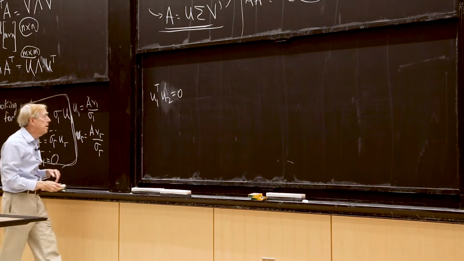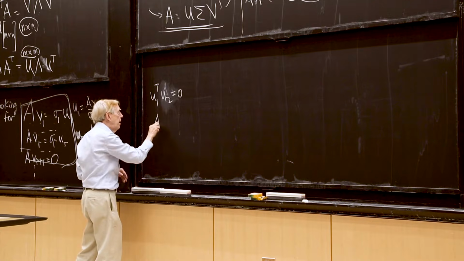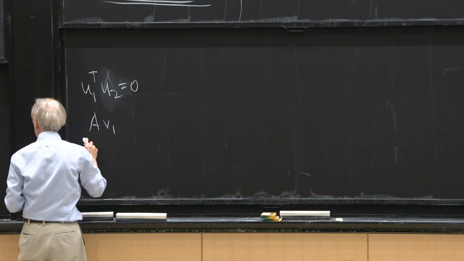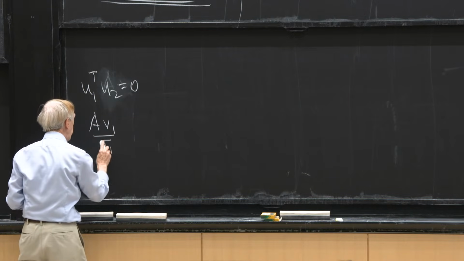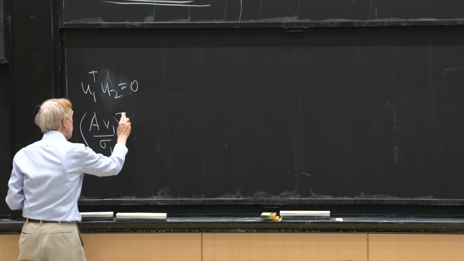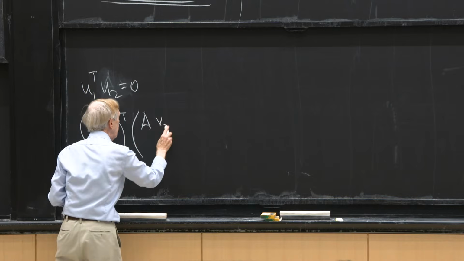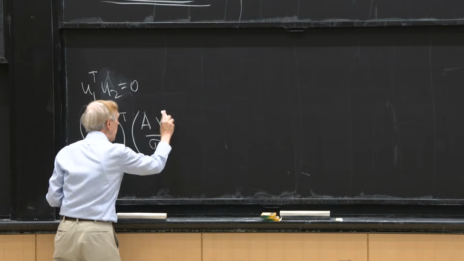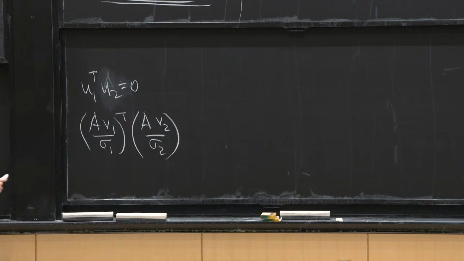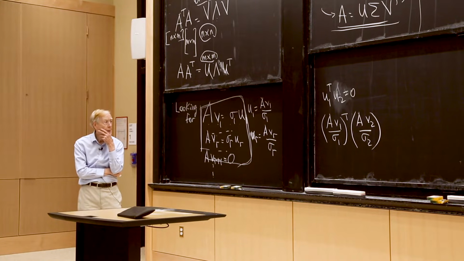Okay, so U1 is A V1 over sigma 1, that's U1 transpose. And U2 is A V2 over sigma 2. And I want to get 0. The whole conversation is ending right here. Why is that thing 0?